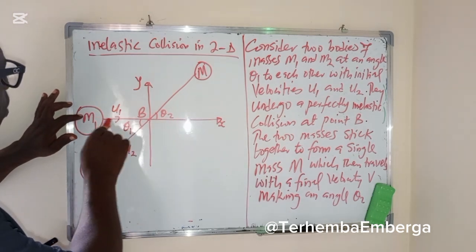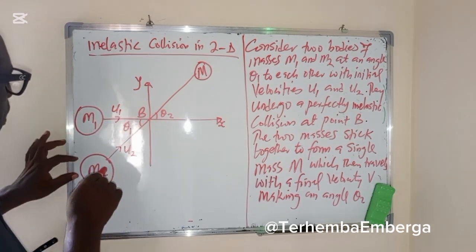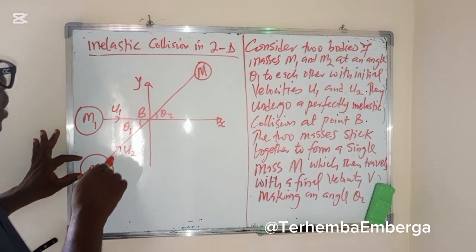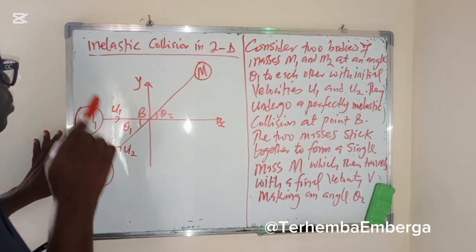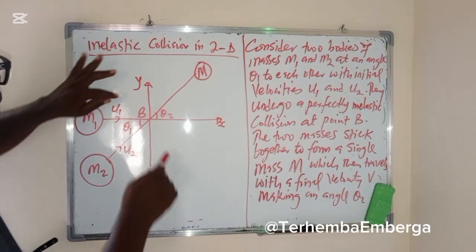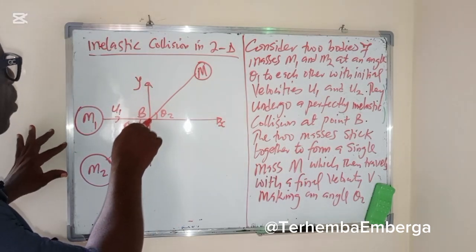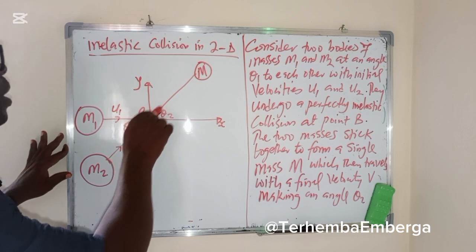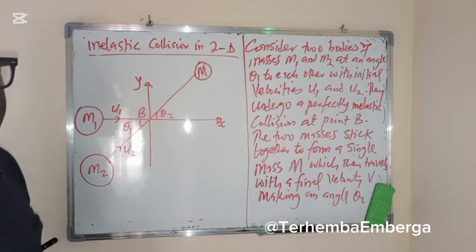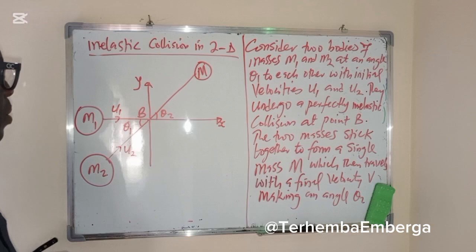It means no angle is involved here. It's m2 that is moving at an inclined angle of θ1. So after the impact, after collision, they will move with a common mass and a common velocity.